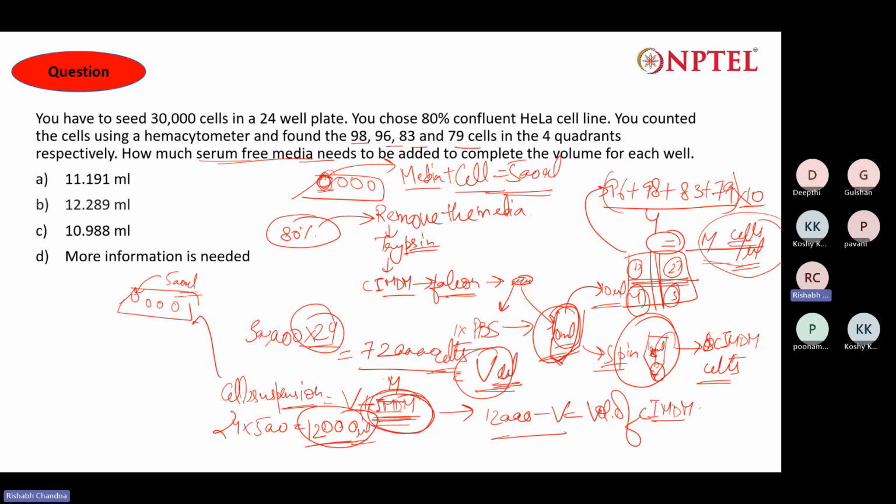Did I answer your question? Sorry, sir, I'm still not clear. Can you repeat once? Okay, so you are asking about why we add 10 ml of CIMDM after counting the cells, right? If I'm understanding the question correctly.